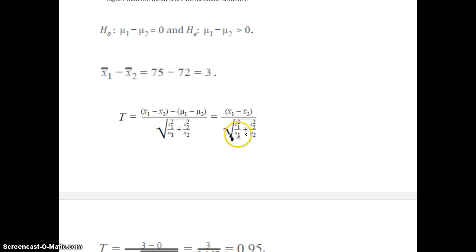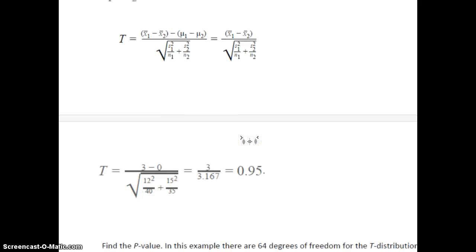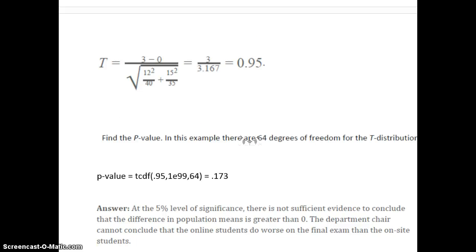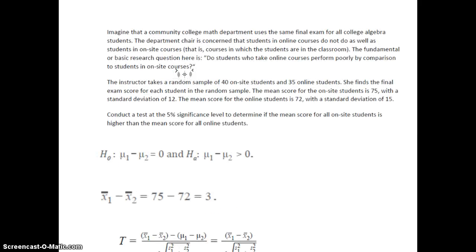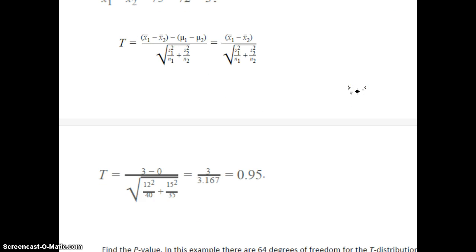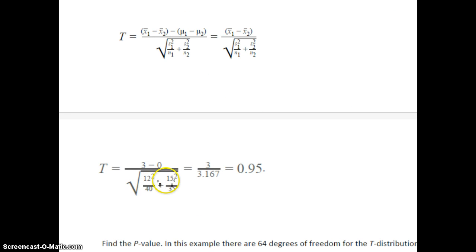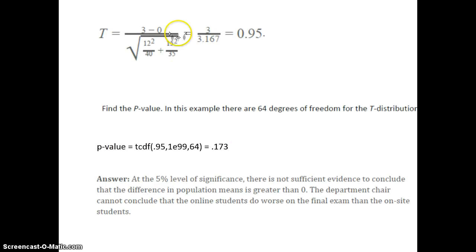And here's our formula for the standard error. So, using the data they gave us, the difference of the means is 3. The difference of the population means is 0. Here we have the sample standard deviations that they gave us, 12 and 15. And here we have the sample sizes. And we get a t-value of 0.95.